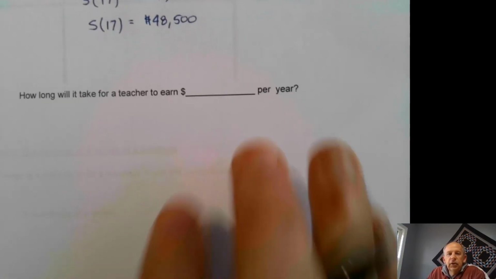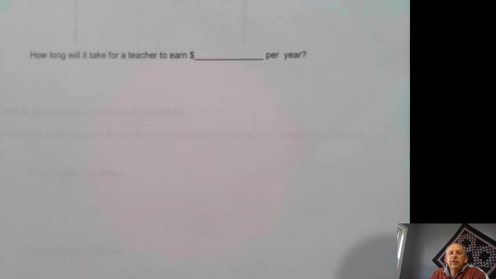Now, let's take a look at how long it will take for a teacher to earn, depends how much money you want to make. Let's say we want to have a teacher make $100,000 per year. Let me write out my model.